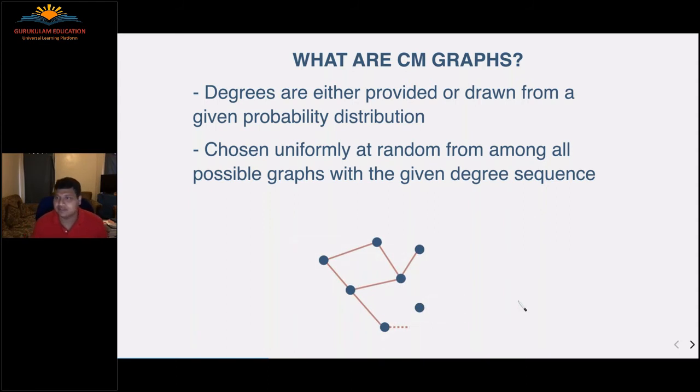This is the feature of the configuration model. So how does this work? Kind of like this cartoon picture here. You have your vertices and you have some random degrees. These are half edges, and none of them are paired.